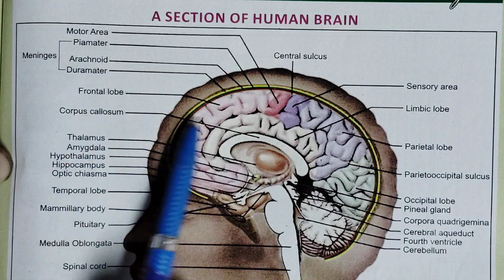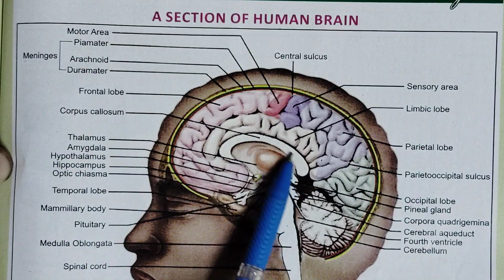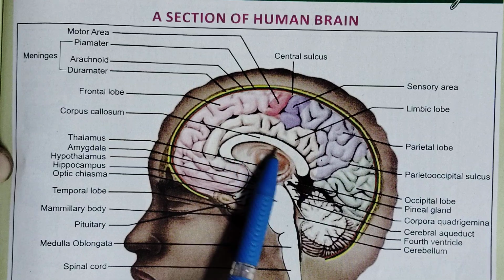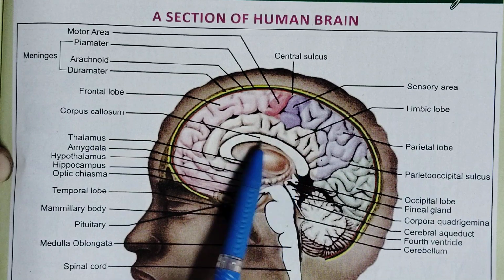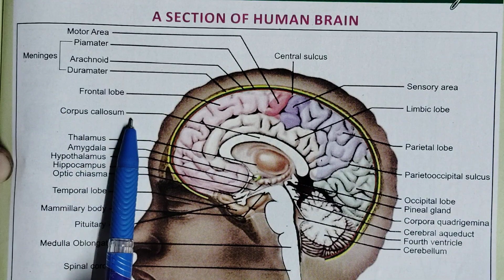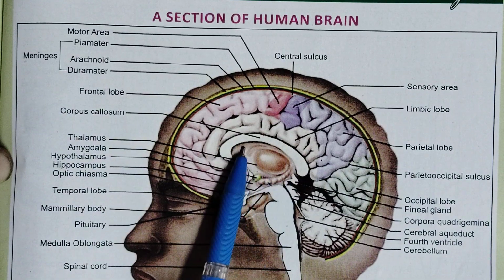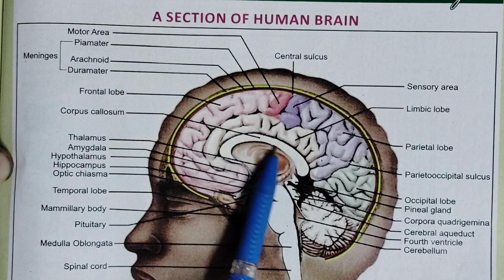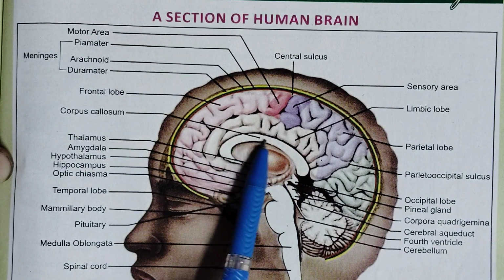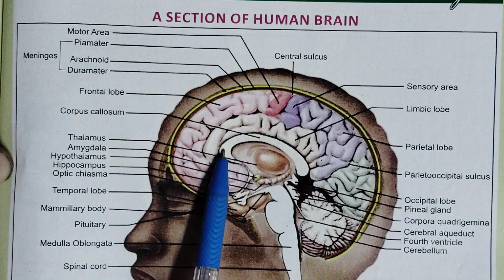Inside there is a C shape, but the shape is diverted. This is called the corpus callosum, the C shape, under the pinkish and creamy color.